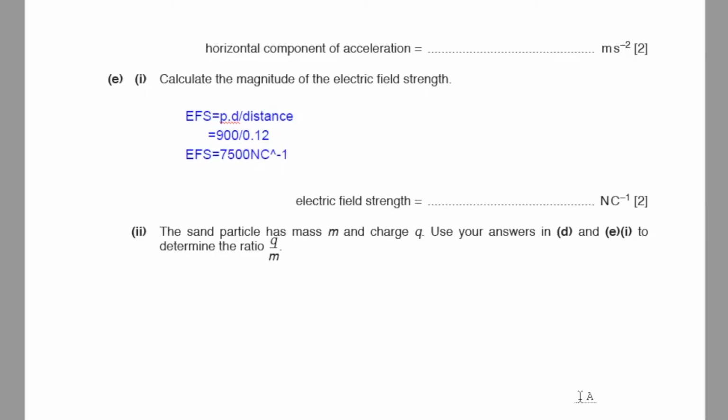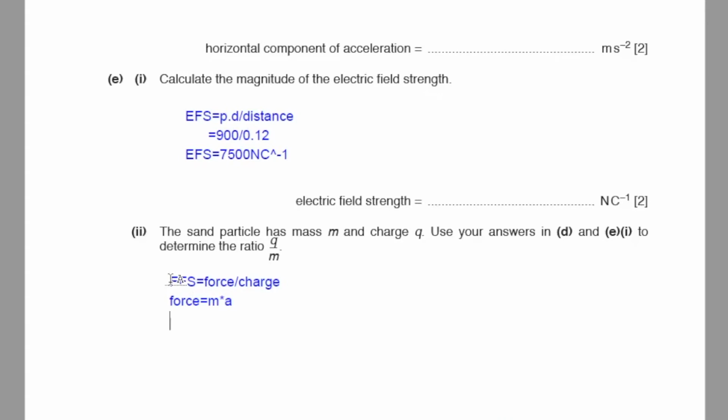Part 2, the sand particle has mass m and charge q. Use your answers in part D and E part 1 to determine the ratio q by m. Okay, so electric field strength is also equal to force divided by charge. Since force equals mass times acceleration, now we'll substitute the values.